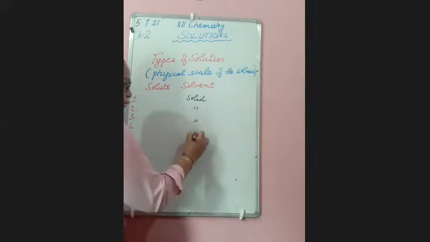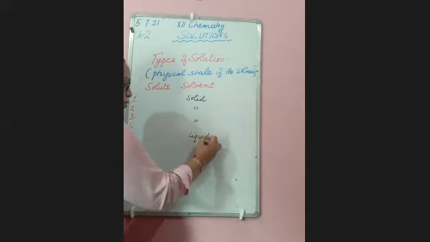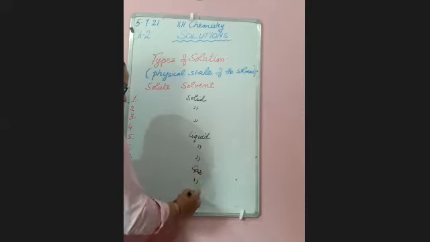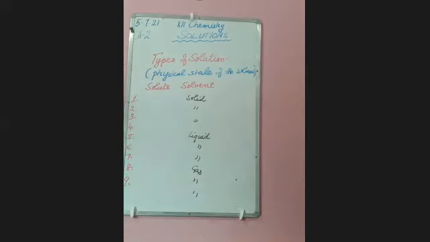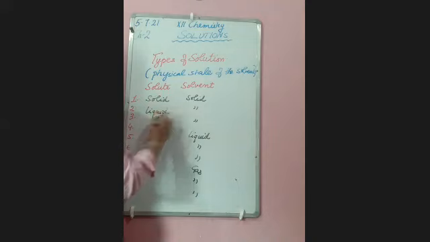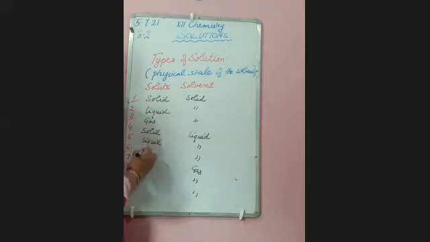In 4 to 6, the solvent is liquid. In the last 3, your solvent is gas. So, in each case, solute can be solid, liquid, or gas.